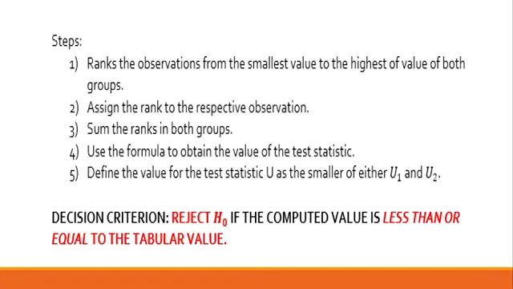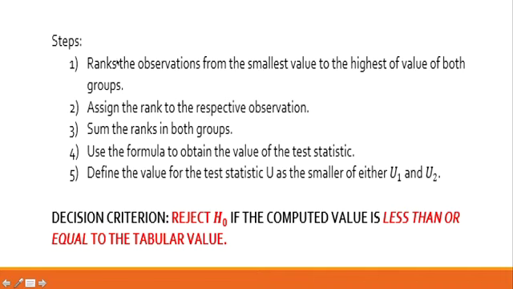So you are going to do the following steps if you're going to solve. It is important that you do the ranking, because remember that this is used for smaller sample sizes, and we're going to make use of ordinal data. So we rank the observations from the smallest to the highest. We assign the rank.